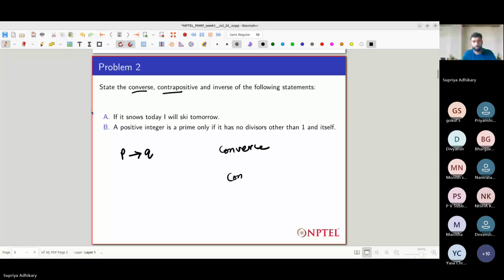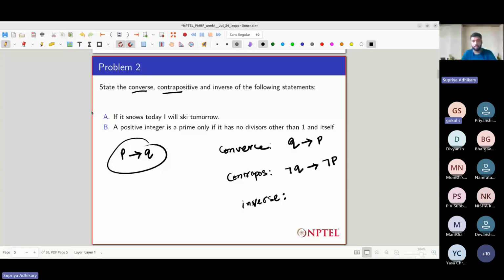We have P implies Q. The converse is nothing but Q implies P. The contrapositive is negation of Q implies negation of P, and the inverse is negation of P implies negation of Q. So given these two statements, we have to figure out the converse, contrapositive, and inverse statements.